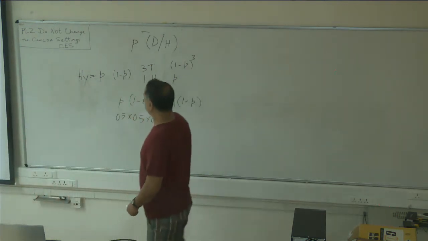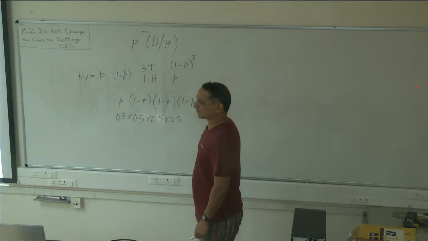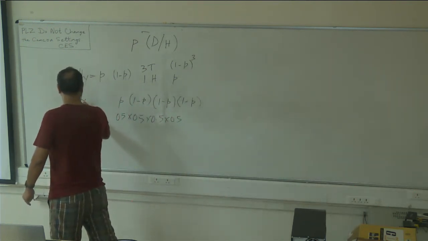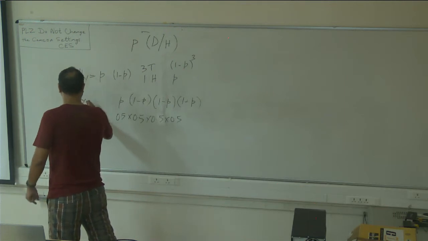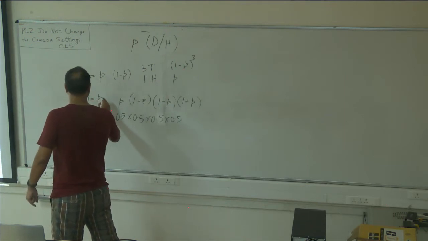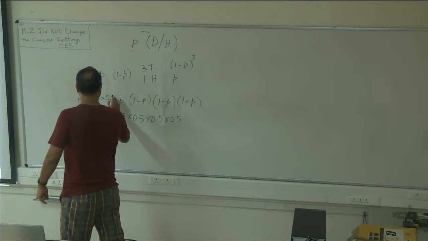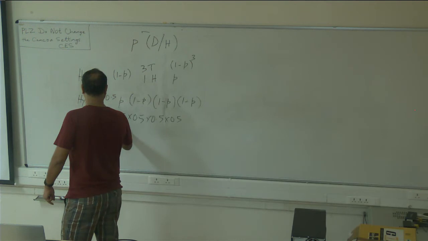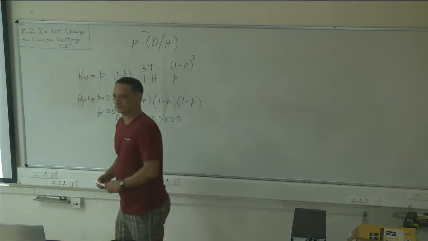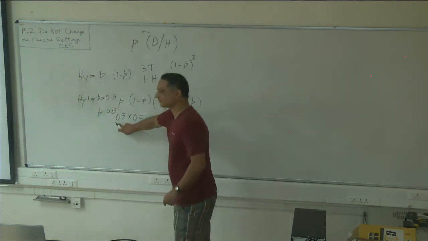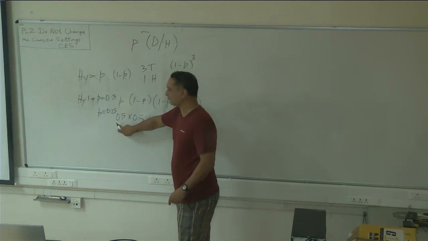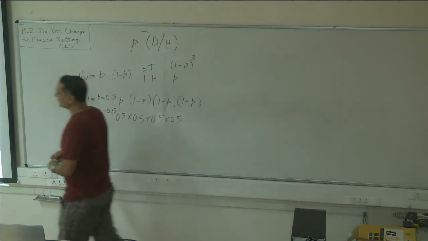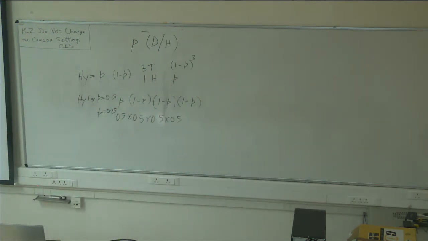Now you're like, hey, wait a minute, I don't like this hypothesis. This is hypothesis 1, which is p equals 0.5. Let me try p equals 0.25. What would happen here? 0.25, 0.75, 0.75, 0.75. When you do that, your likelihood goes up.